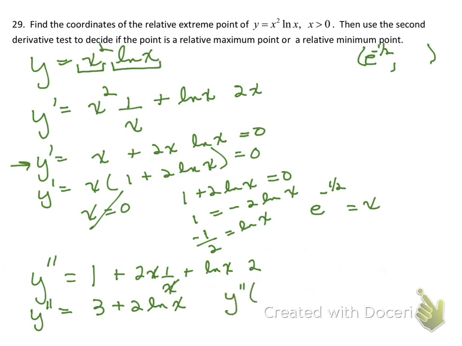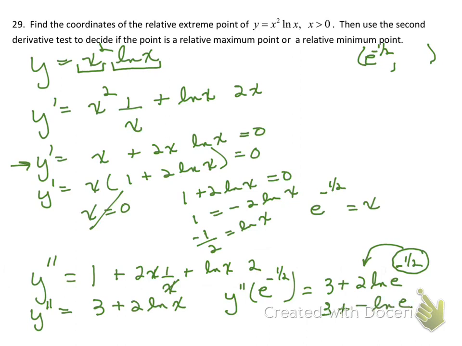Y prime prime evaluated at e to the negative 1/2 equals 3 plus 2 natural log of e to the negative 1/2. Remember, we can bring this down in front, so it's 3 plus, and that's going to be a negative natural log of e.